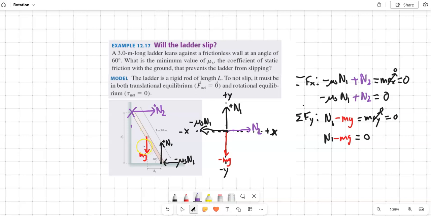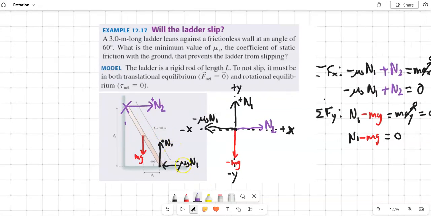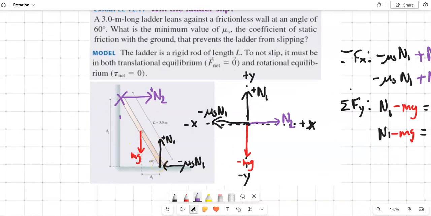But there's going to be some trigonometry problems here, right? By choosing this as our pivot point, which is our only choice to actually determine the friction, there's going to be a lot of trigonometry here.